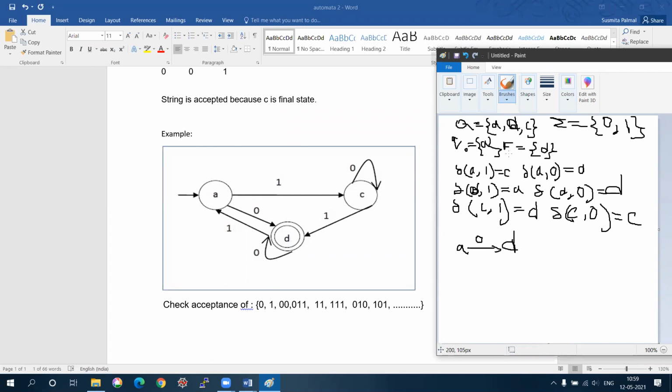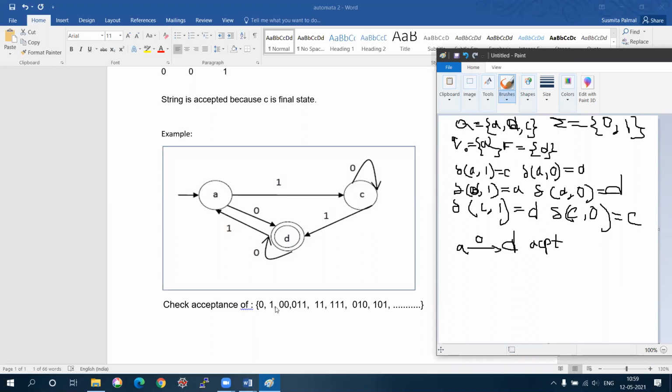Our final state is D, as I have written here. So I can reach the final state. So this is accepted. I am writing A, C, E, D. So the first string is accepted.